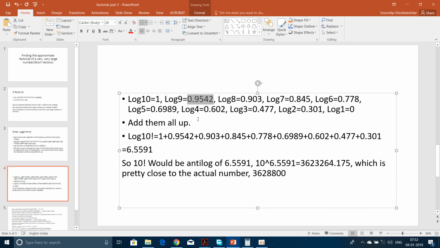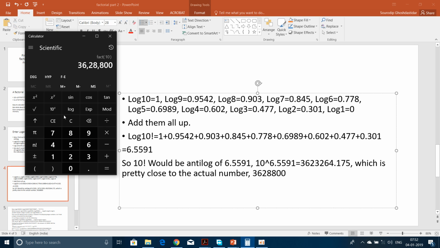It actually depends on how accurate your logarithms are. In this case, I've truncated log 9 to just 4 digits. Log 9 is actually around 0.954242509. Your accuracy would depend on the number of digits after the decimal point that you take in your calculation while adding the logarithms.